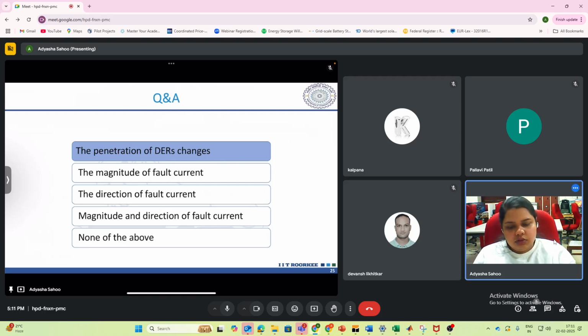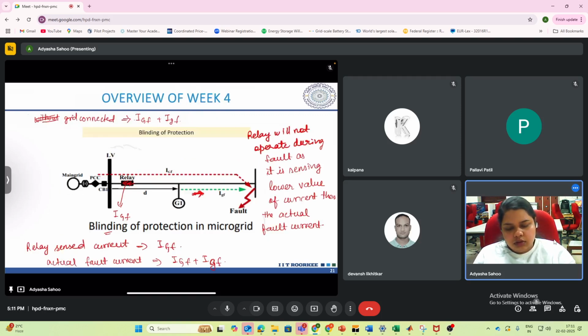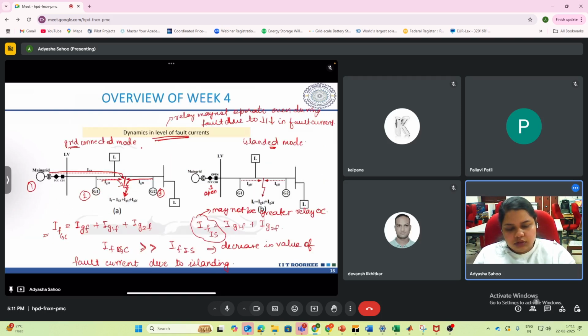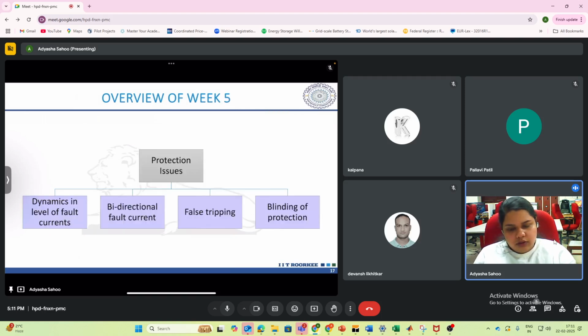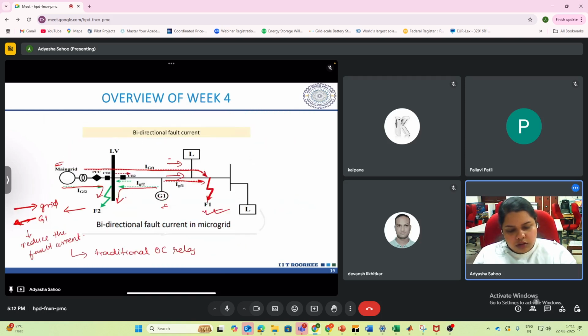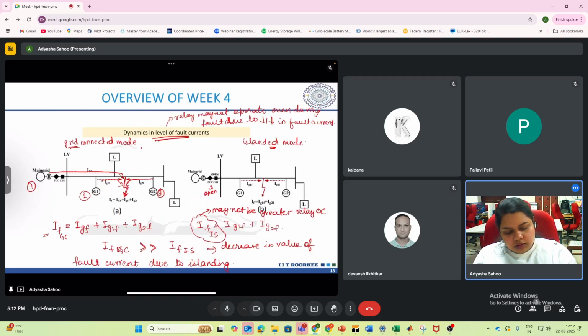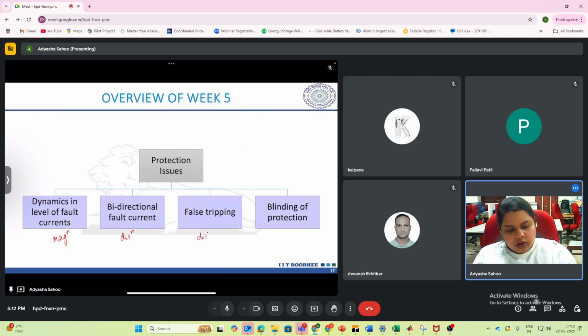These we saw towards the last, right? The whole protection issues. Dynamics and level of fault current, it was magnitude change, bidirectional was direction, then fault tripping was direction, and blinding again was magnitude.